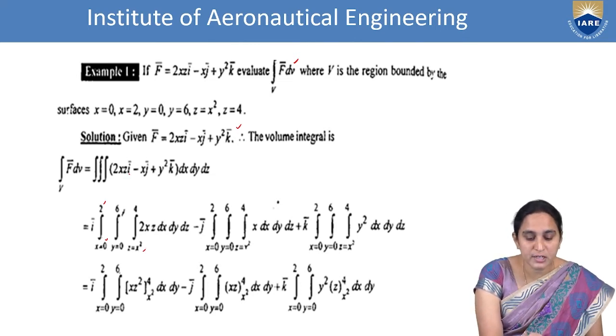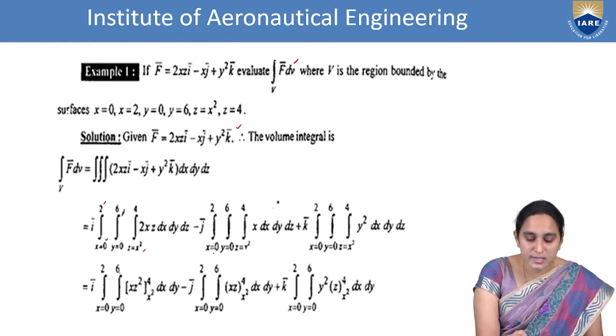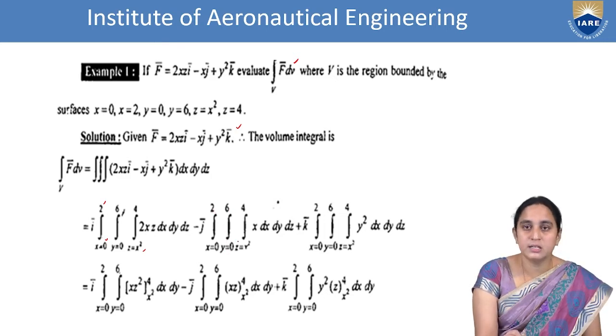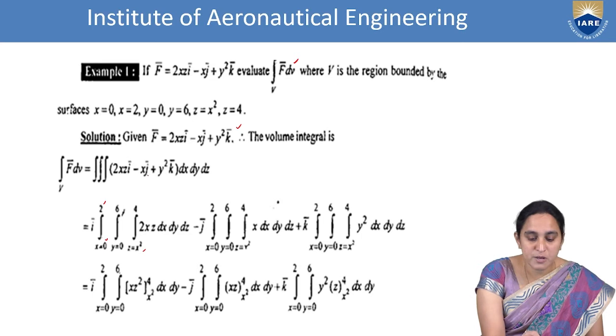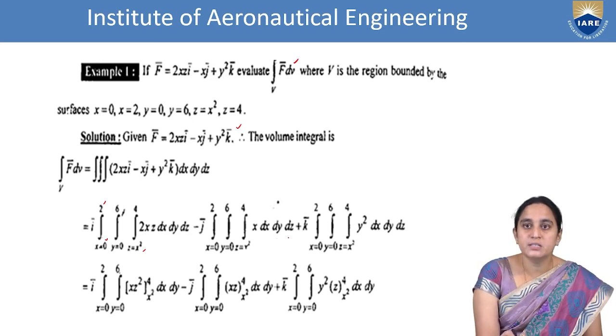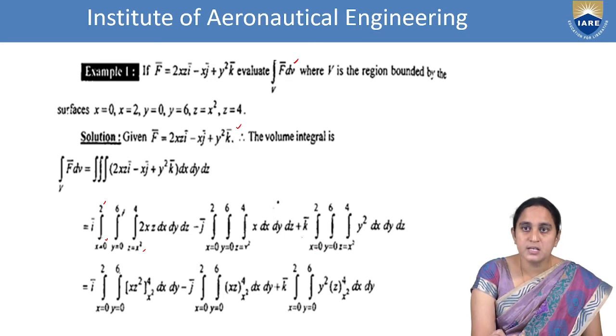From the given vector point function, the i bar coefficient is 2xz dx dy dz, minus j bar into the triple integral with x limits 0 to 2, y limits 0 to 6, and z limits x square to 4, where the j bar coefficient is x dx dy dz, plus k bar into the triple integral with x limits 0 to 2, y limits 0 to 6, and z limits x square to 4.